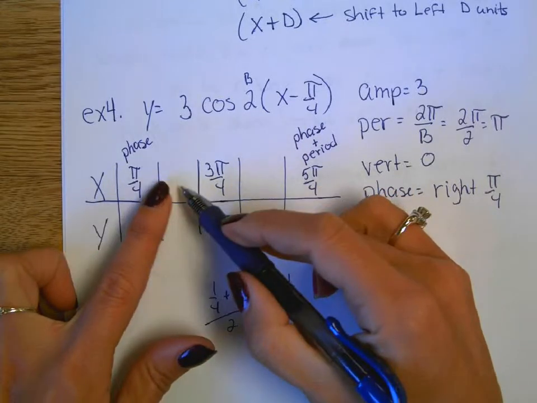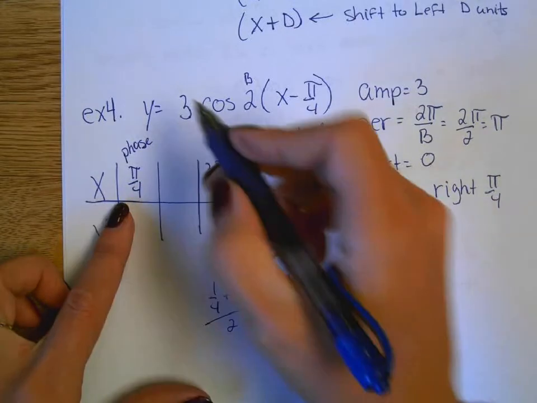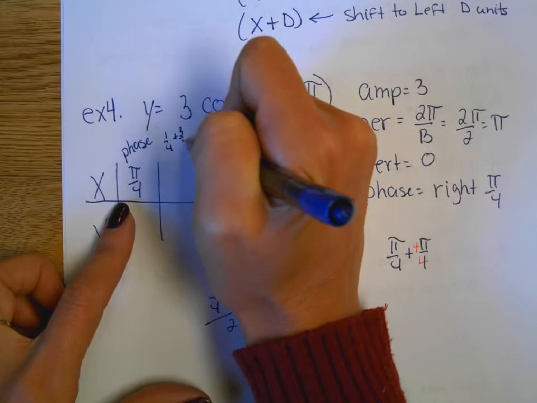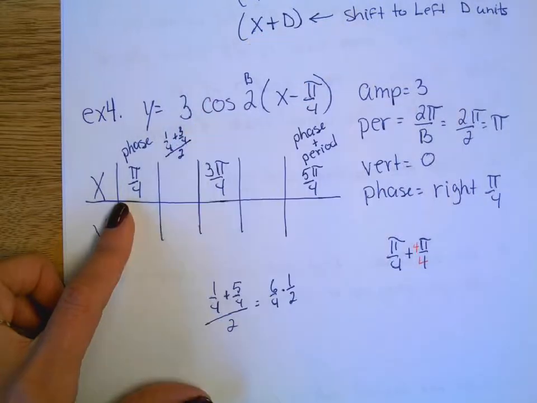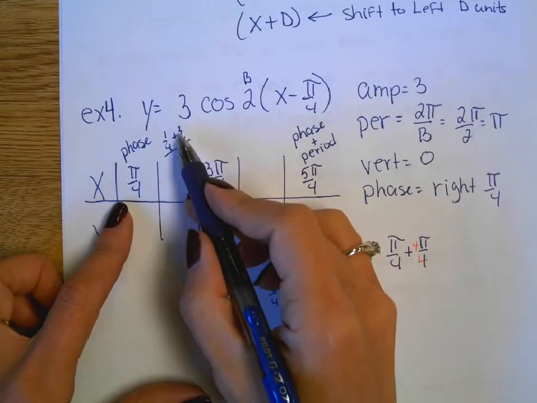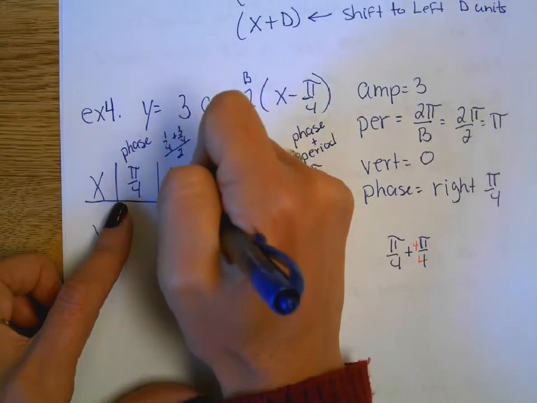Now I'm going to average these two to get this one. So that's 1/4 plus 3/4 divided by 2. And what will that turn out to be? 1/4 plus 3/4 is 1. Divided by 2 is pi over 2.